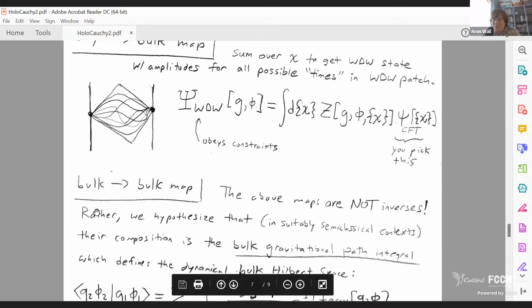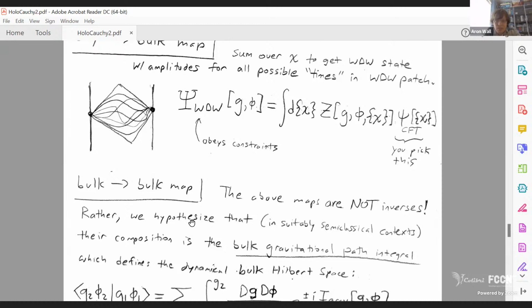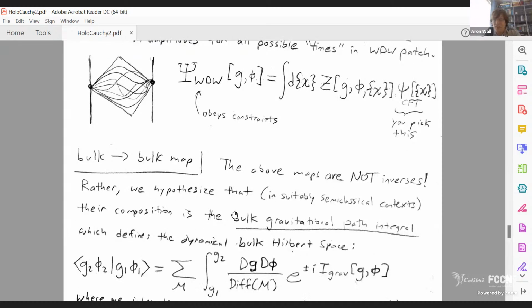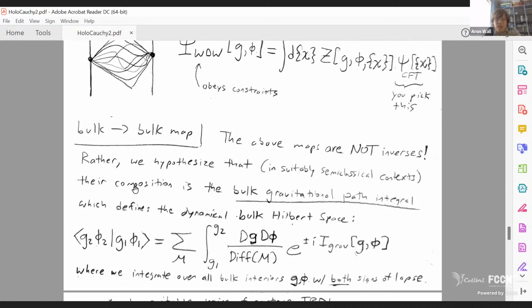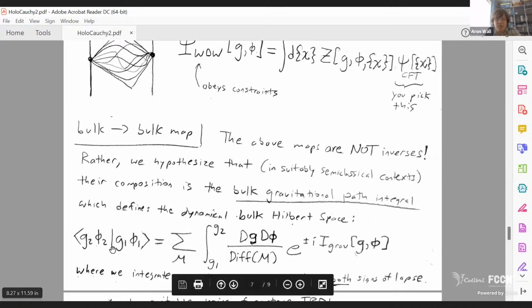The correct statement is that if I compose these two maps together to get a bulk-to-bulk map, it looks like the bulk gravitational path integral. So we hypothesize in our paper and show some evidence that in a suitably semi-classical context, the composition of these two maps is the same as the gravitational path integral.